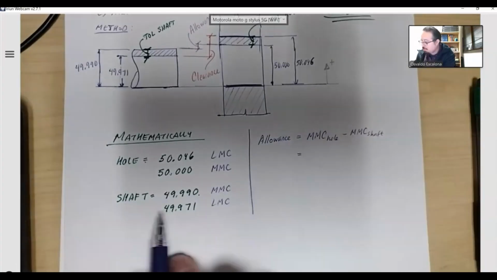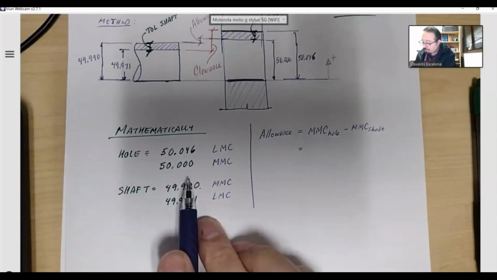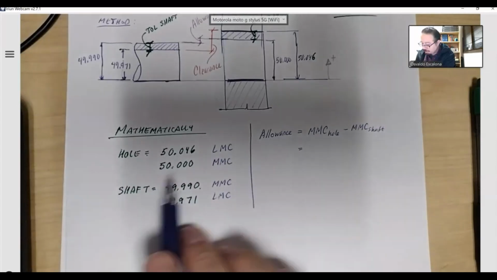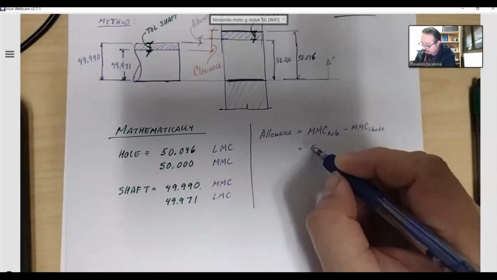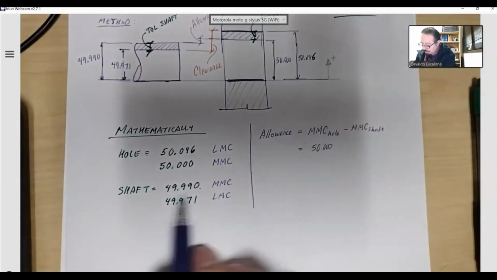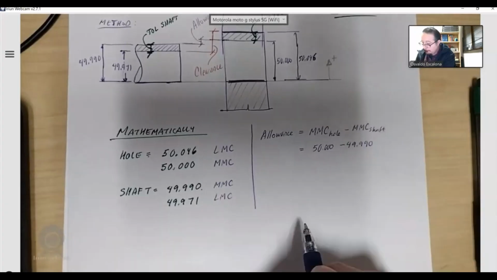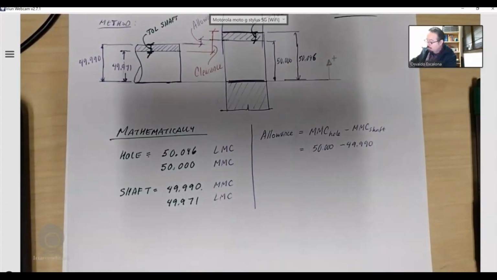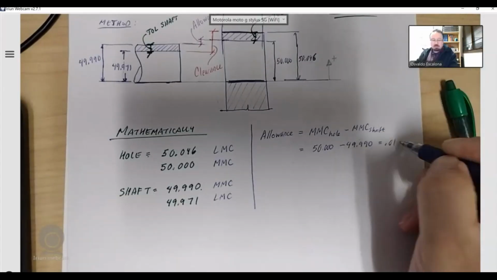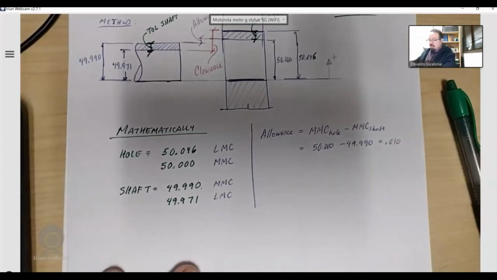MMC of the hole is 50. MMC of the shaft is 49.990. If you put this in the calculator, you will find 0.010, which is actually the same thing that we got before.